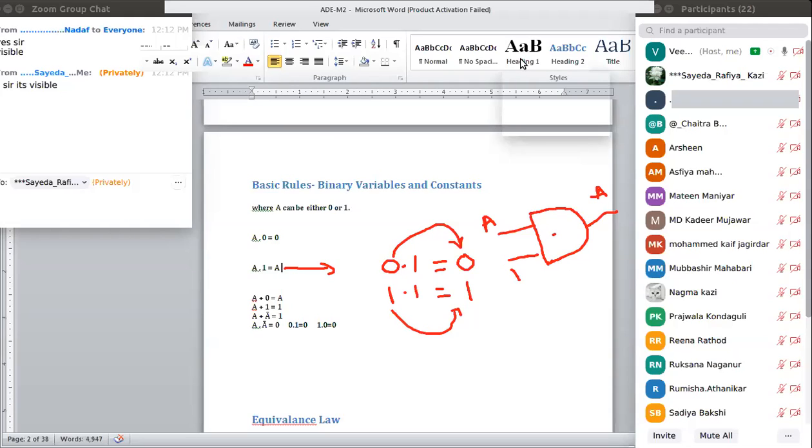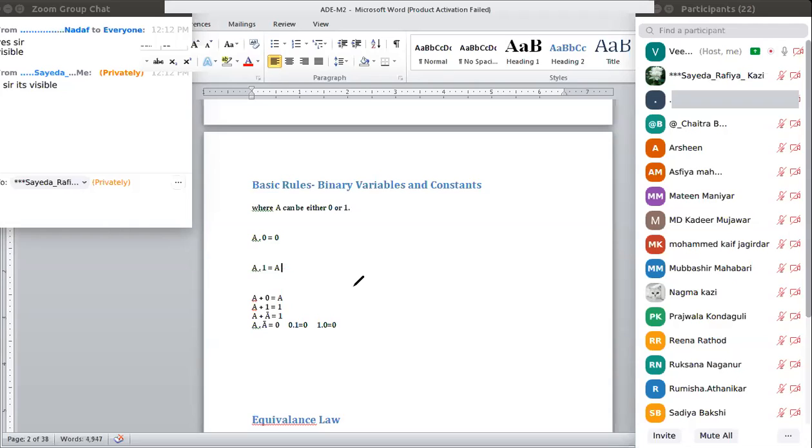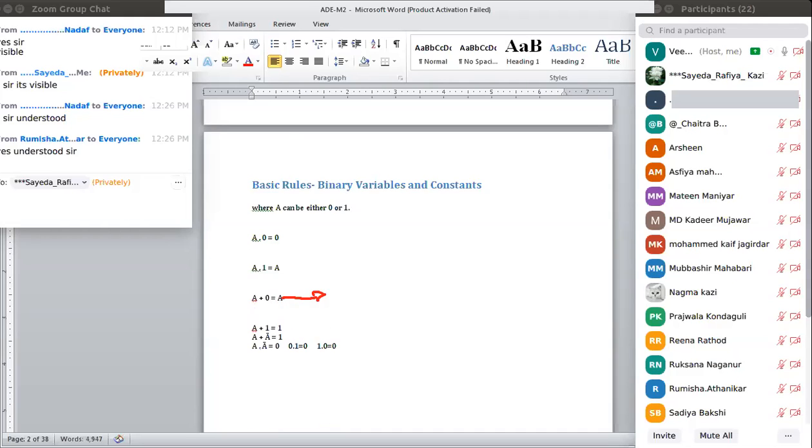Okay, the third rule here. Understanding, good. A plus 0 is always A. See, A dot 1, here it is an AND function.